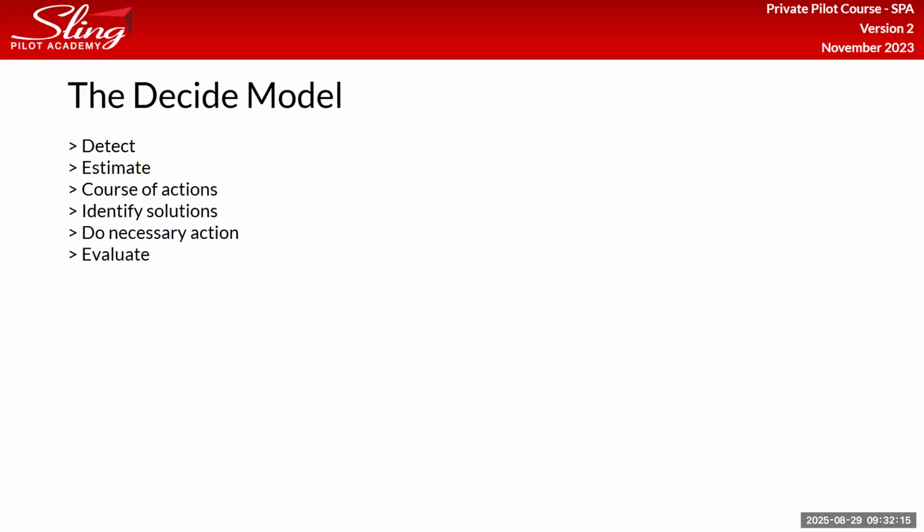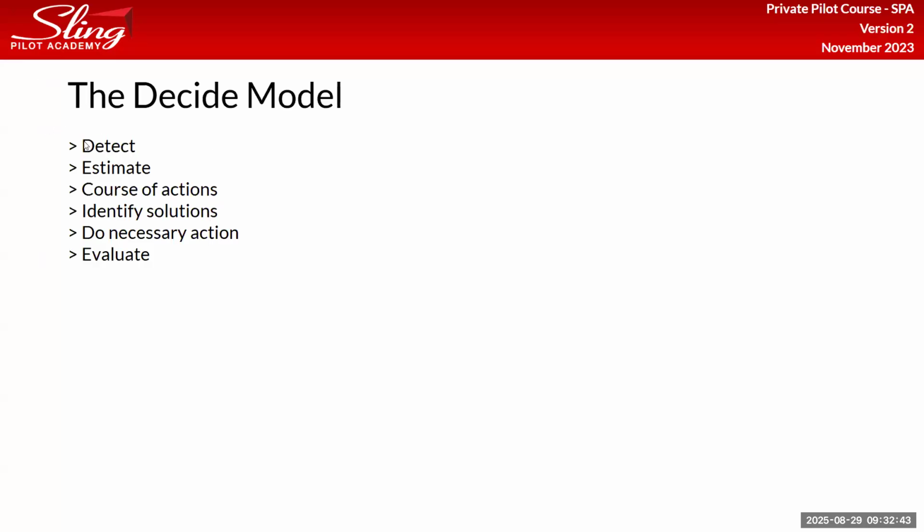Oh man, and then we have the DECIDE model. It's never ending, we're always assessing and mitigating risks. So the DECIDE model is exactly what it says down here: detect, estimate, choose a course of action, identify solutions, do the necessary action, and evaluate. This is the risk assessment that you're doing for any hazard.